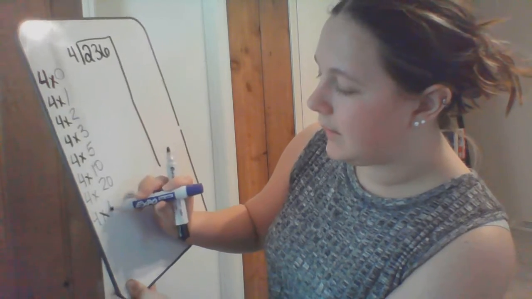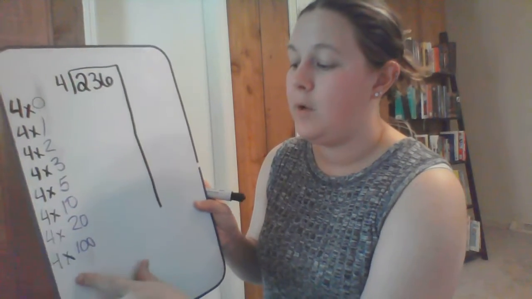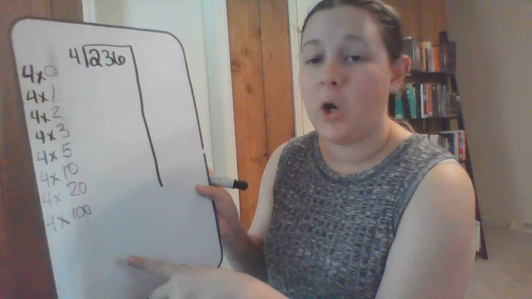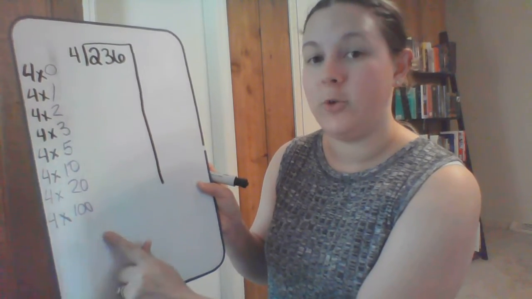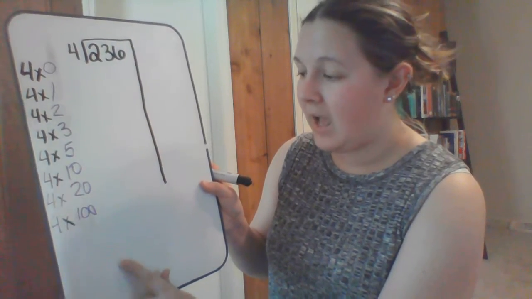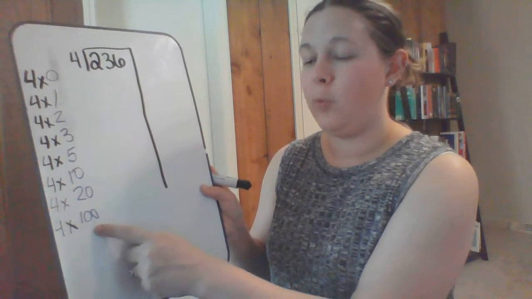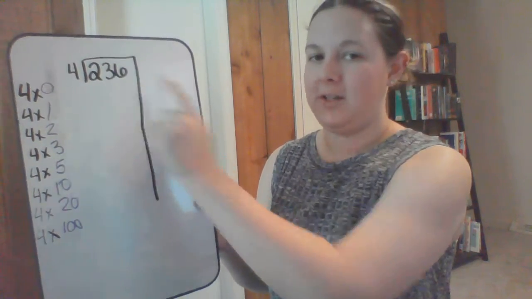Now, what I will say is we could continue our quick facts. I always stop when we get to 1,000. So if I was continuing this, I would do 4 times 200 and 4 times 1,000. However, I know in my head 4 times 100 is 400, and that's already bigger than 236.